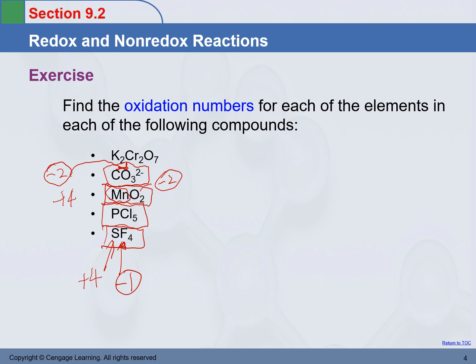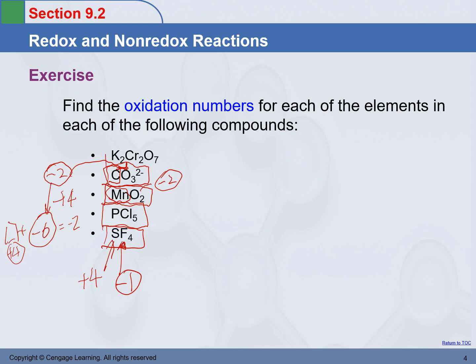If oxygen is -2, 3 oxygens will give us -6 altogether. What will be the carbon then? Whatever carbon is plus -6 will equal -2, which is the charge of the ion. As a result, carbon will be +4. So carbon +4, oxygen -2.